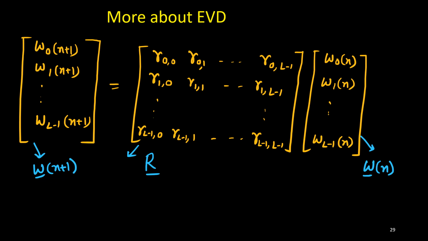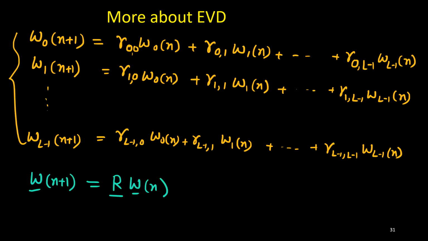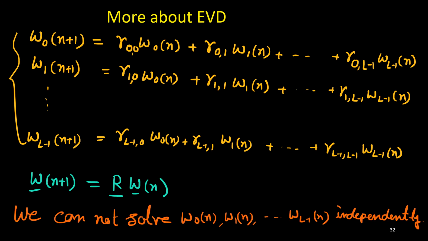So I can write in the compact form that Wn plus 1 vector equals R times Wn, right? So this is the compact form, Wn plus 1 equals R times Wn. Remember, this is a column vector, this is a column vector, and this R is your square matrix.